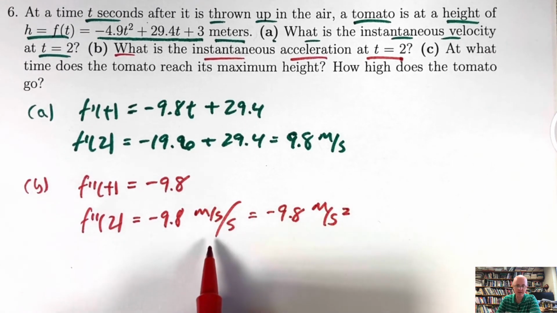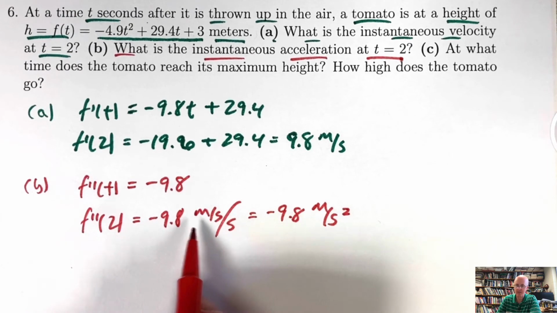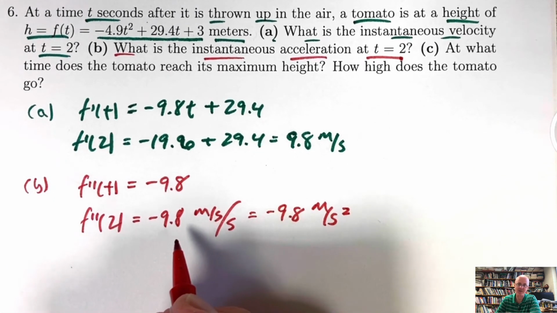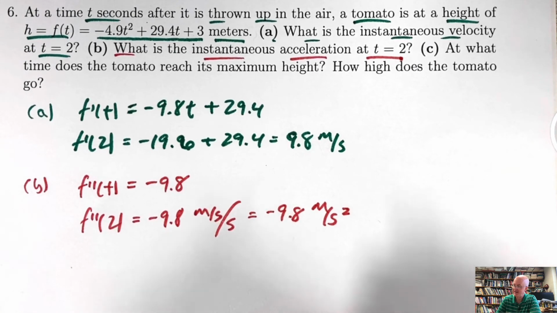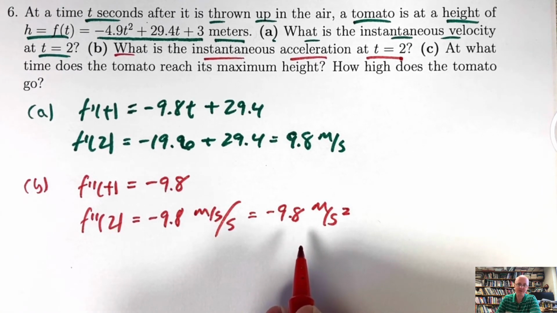It is more meaningful to think of it as a rate of change of velocity. How fast is that changing in meters per second every second that goes by? In this case it is a constant acceleration, but in general it could be changing. Yeah, that's the constant acceleration due to gravity near the surface of the Earth.